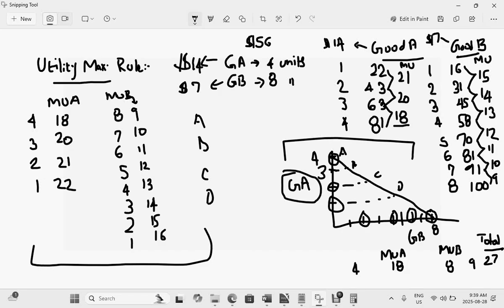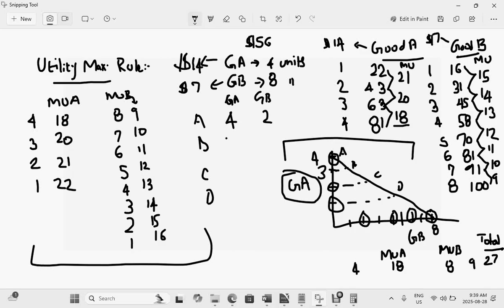So for good A, let's say point A, this is 4 units of good A, and then 2 units of good B. So this is GA, and this will be good B over here.